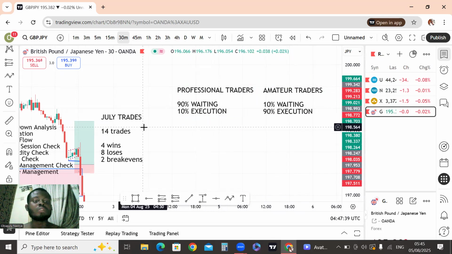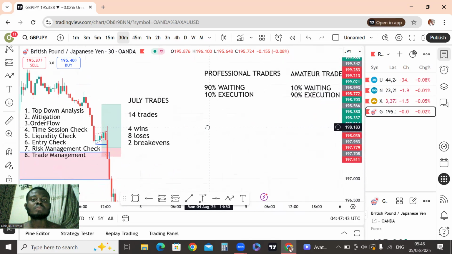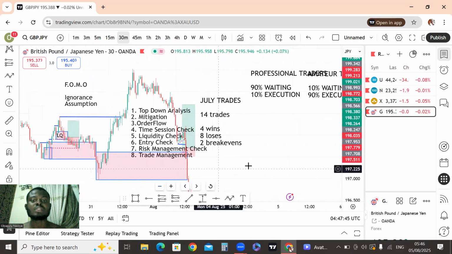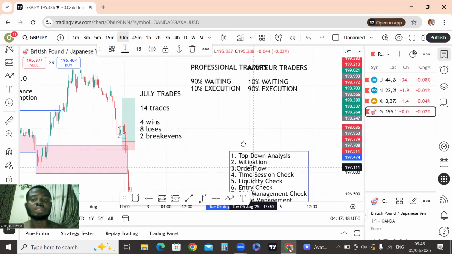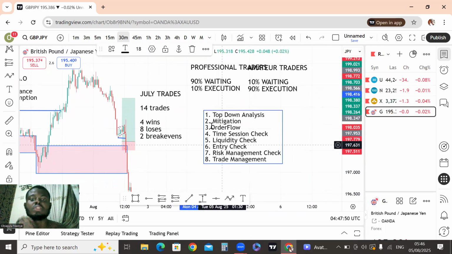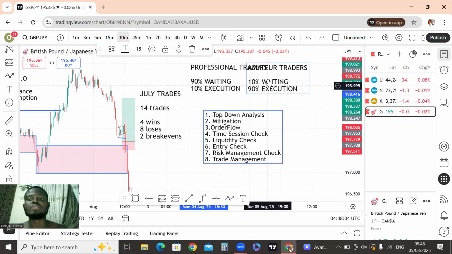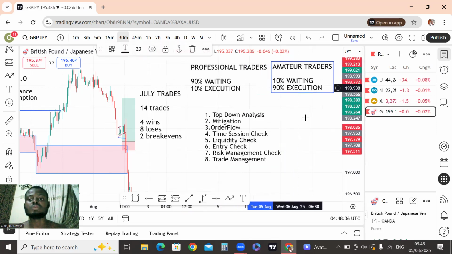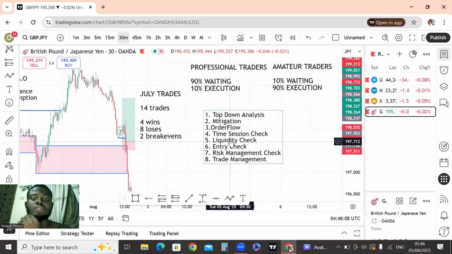That means what I should have done is, once price mitigates, that is when I start considering my checklist. Once there's mitigation, I'll start checking for liquidity, time session, order flow, all these things.